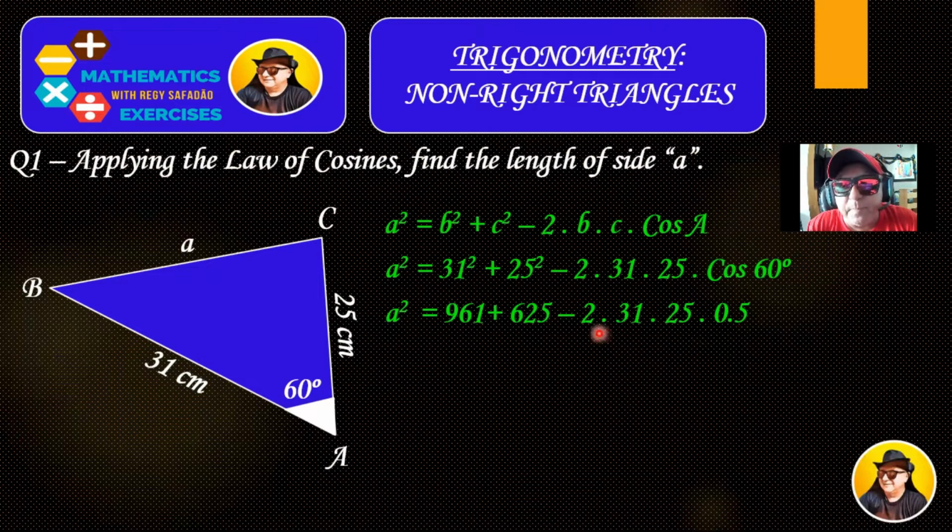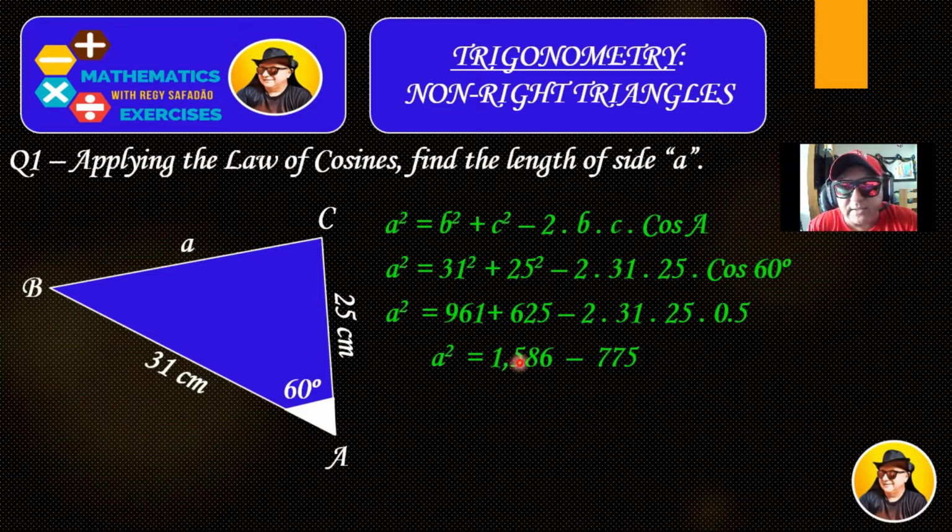Now, let's multiply this, and also we can sum this up. So we have 961 plus 625 is 1,586 minus, well, 2 times 31 times 25 times 0.5 is 775.